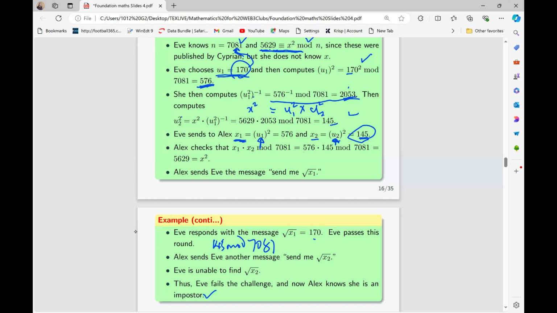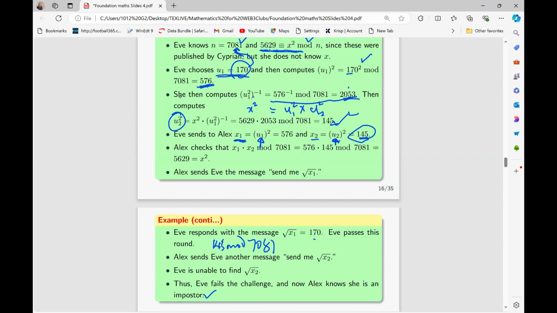Because x2 was the square of u2, but u2, she doesn't know what u2 is. What she knows is the square of u2 as 145. That's all she knows. Because when we calculated, we just calculated for U2 square.